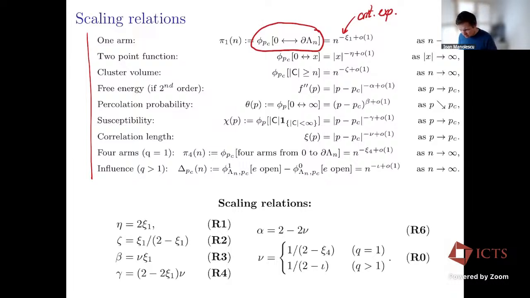I mentioned here last time the critical exponent for the percolation probability, which is called beta. You expect the percolation probability to take off as you increase p as p minus pc to some power beta. And all of these exponents are supposed to depend on q because you're in different universality classes.